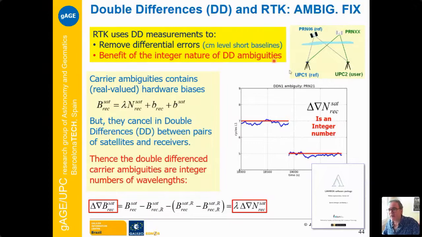What does double differentiate mean? This means that we take differences between the measurements of pairs of receivers and pairs of satellites. We use a reference receiver and a reference satellite.